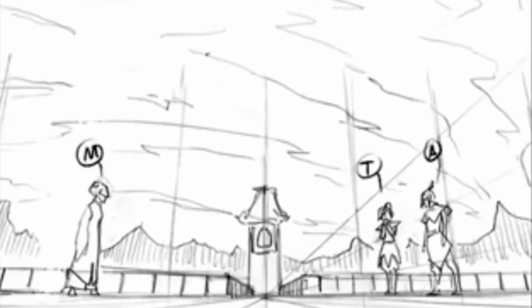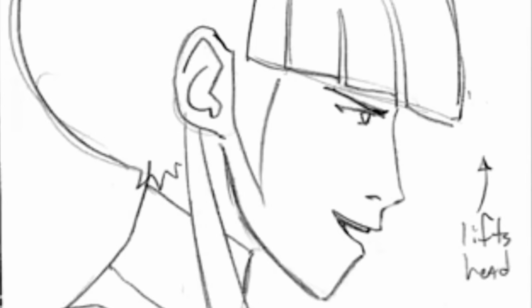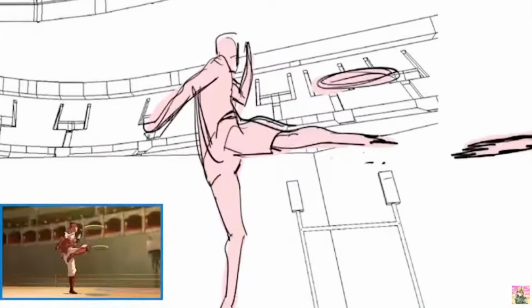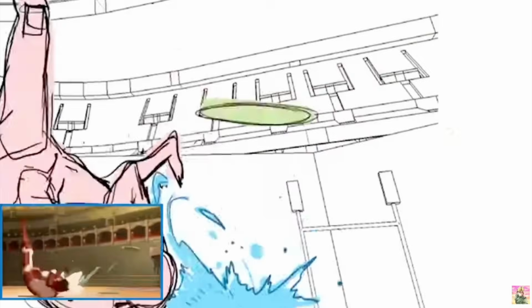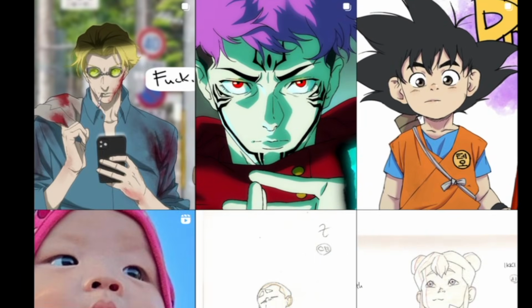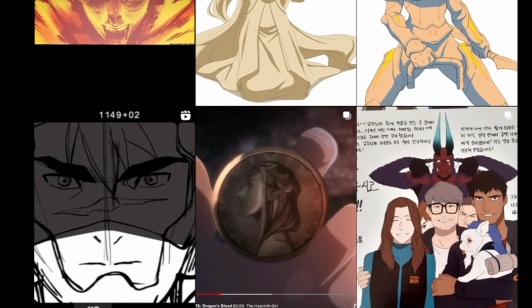Now, the first time I saw this type of boarding style was around when the first Avatar came out, and at that time I was still on DeviantArt, and the first artist I saw use this style, and I think who is a massive influence, or maybe the original source of this style, was a storyboard artist named Ki-hyun Ryu, and he did boards on the first Avatar, and I think he worked at Studio Mir at the time.